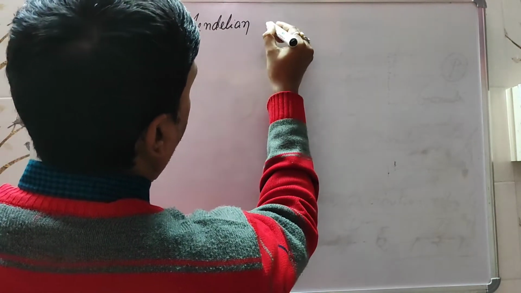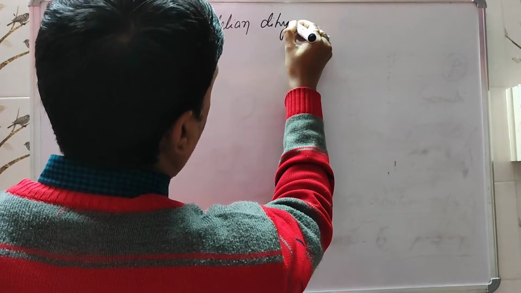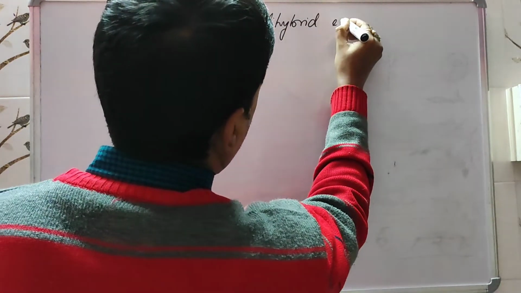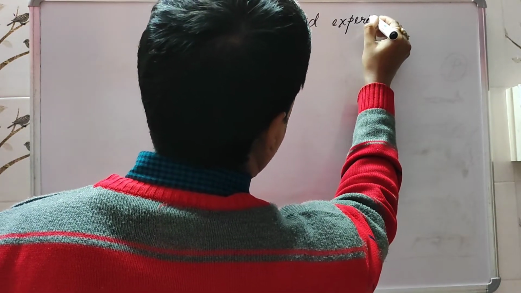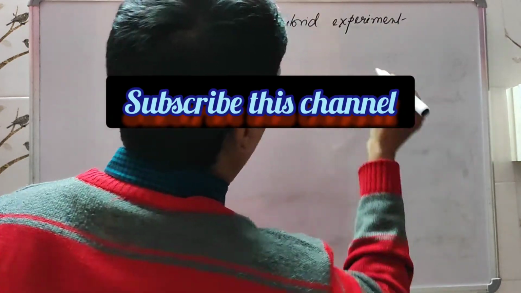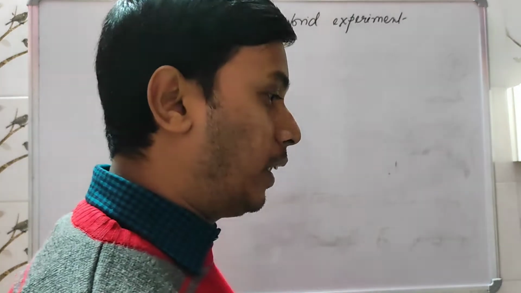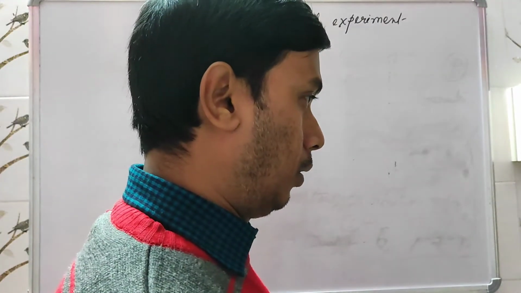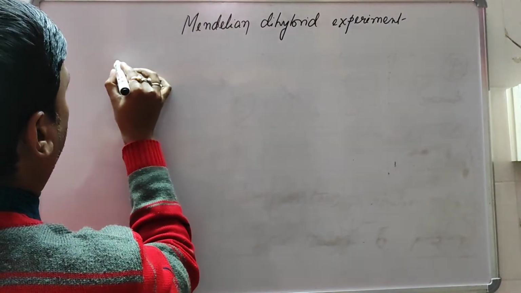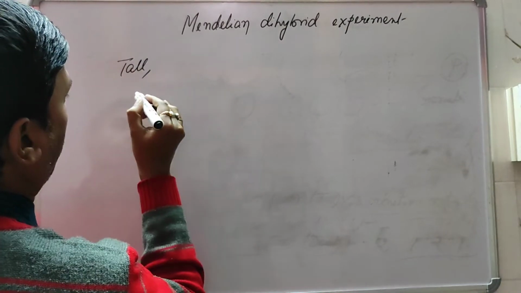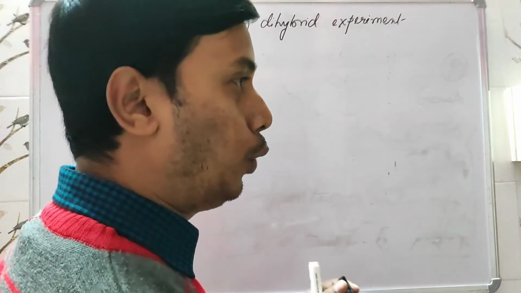So I am writing here Mendelian dihybrid cross. I am taking the Mendelian dihybrid experiment, and I am taking two pairs of contrasting characters.